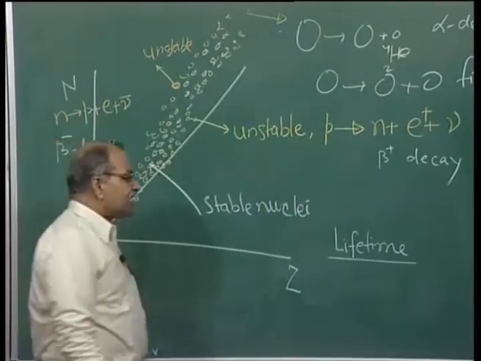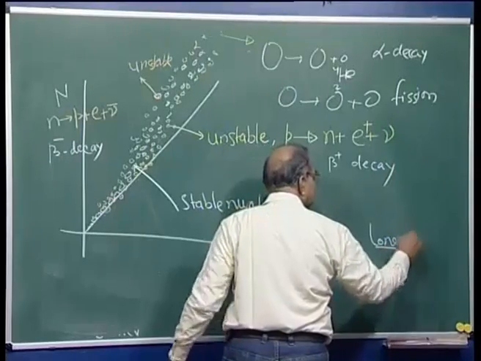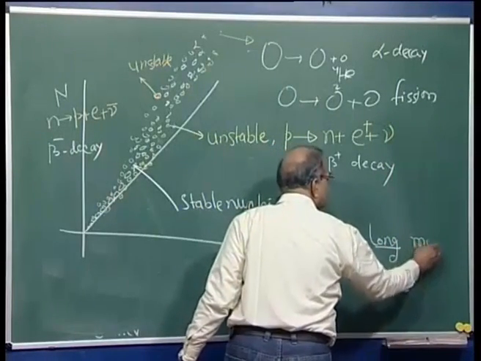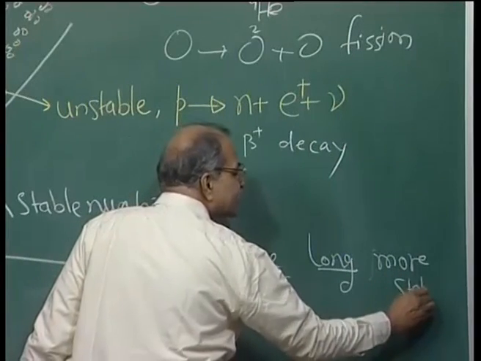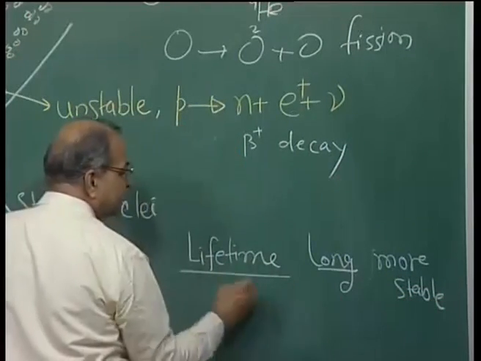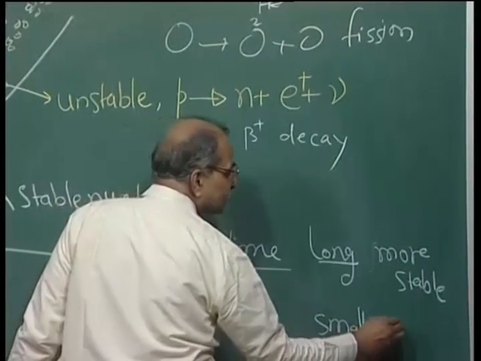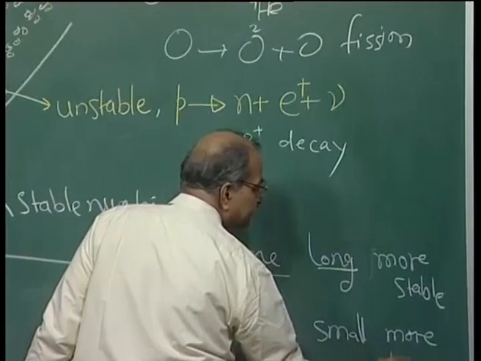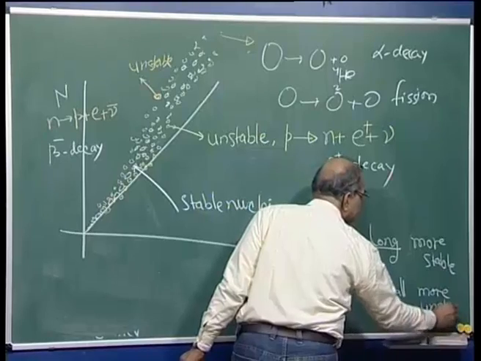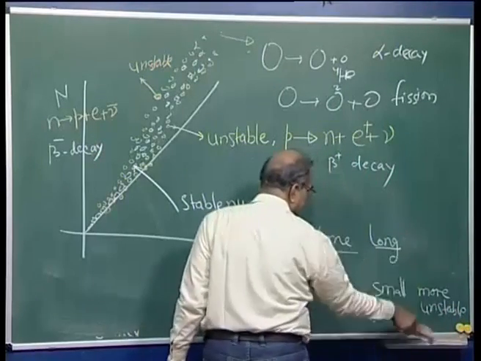If that lifetime is long, that means it is more stable. It is not stable, it is unstable, but then the instability is less. And if the lifetime is small, these are all relative, so it is more unstable. Instead of more stable, let me call it less unstable.